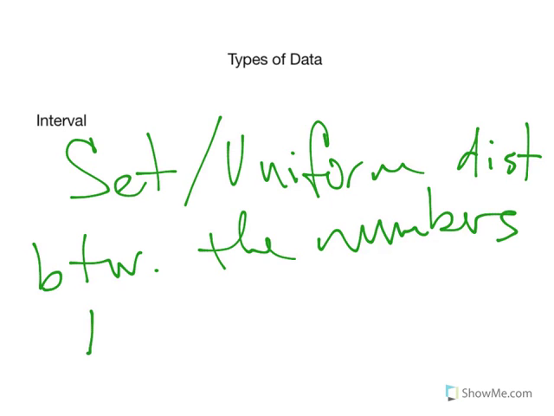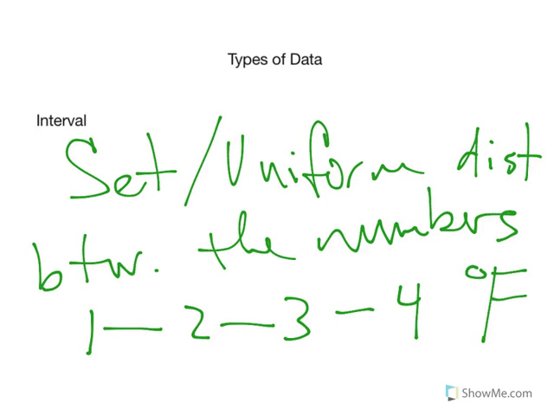In other words, the distance between 1 to 2 and 2 to 3 and 3 to 4 is uniform. You can think of it as degrees Fahrenheit, for instance. If you're looking at it on a thermometer, the actual physical distance between these is all uniform.